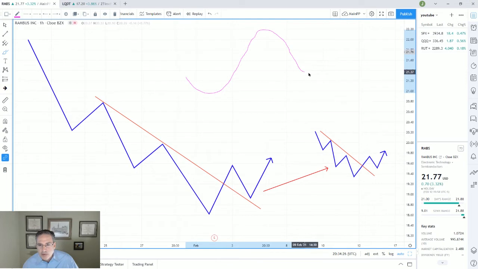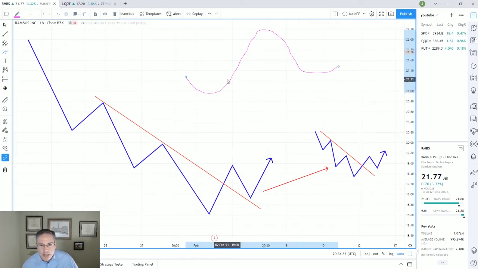And then we start another basing stage here. So if we think about it in these terms, what we're trying to find is a stage 2 in 2 consecutive time frames. Because once we take out this line here and we start to the upside, we have a stage 2 uptrend in place.